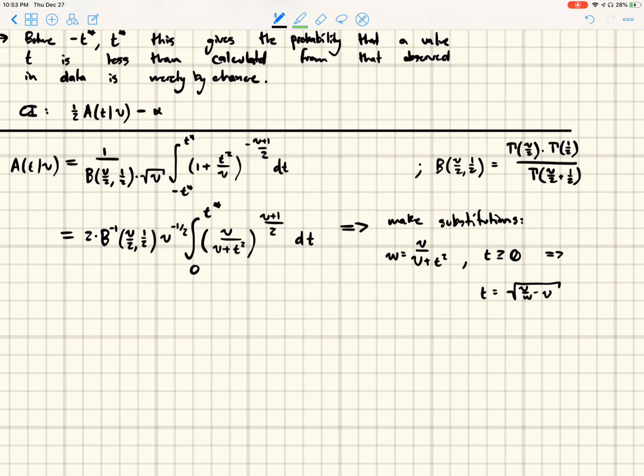And dw dt is simply negative t v over t squared plus v squared. And that enables us to show that dw is equal to negative 2 tv over t squared plus v all squared dt.